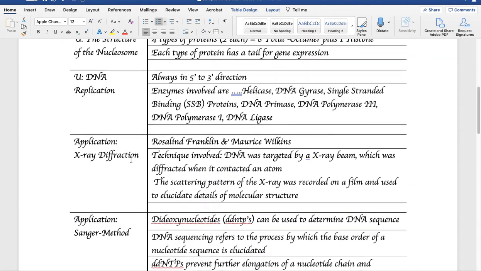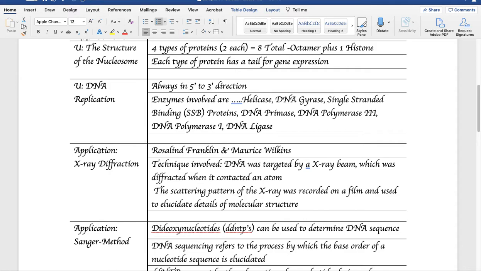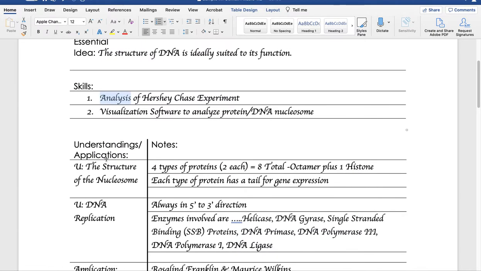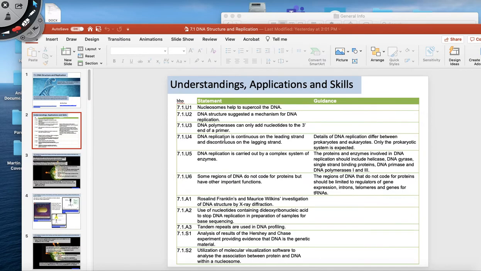And finally, what are some of the applications? Applications can also be found in tests under multiple choice or even short essays, which would be describing a particular technique. Once again, if you look in your PowerPoint, you will find three applications here. One would be how did Franklin and Wilkins conduct X-ray diffraction to look at the structure of DNA?